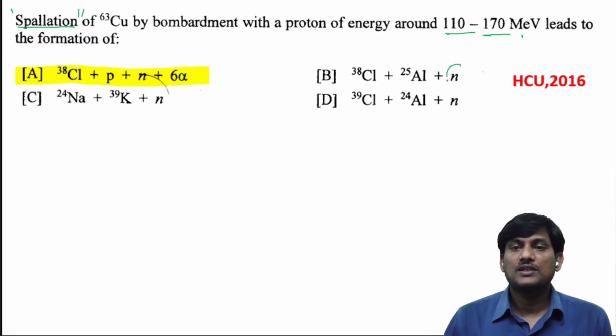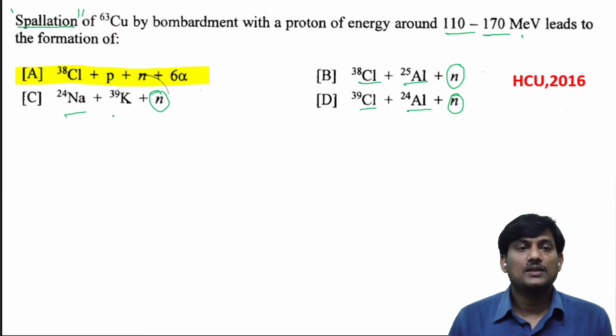Suppose you take this one, here you have only one neutron, here also one neutron. Here there is a formation of two nuclei, here also two nuclei. But in a spallation reaction, you will get a single nucleus with a larger number of smaller particles.